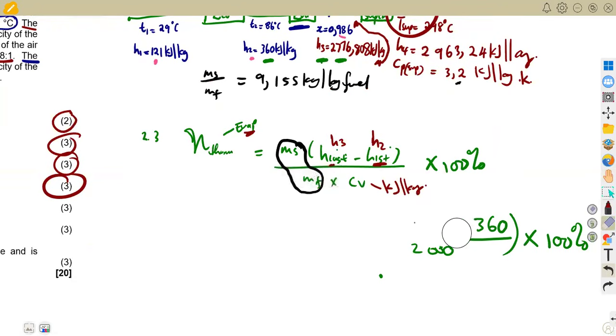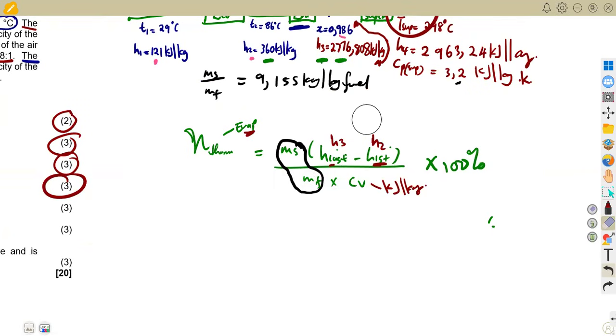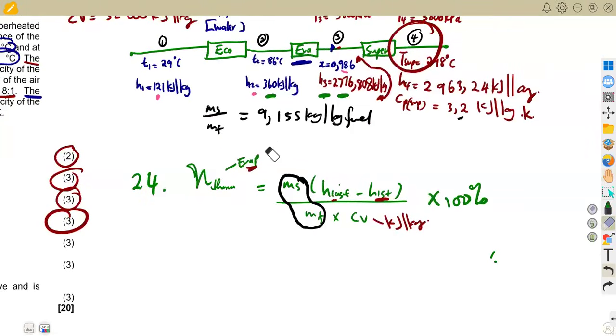This part is the one that is just going to change. You're just going to change one or two things here. The formula for the thermal efficiency is given as mass of steam over mass of fuel into H last, the last enthalpy that we have, depending on what you are working with. This time we are working with the entire plant.